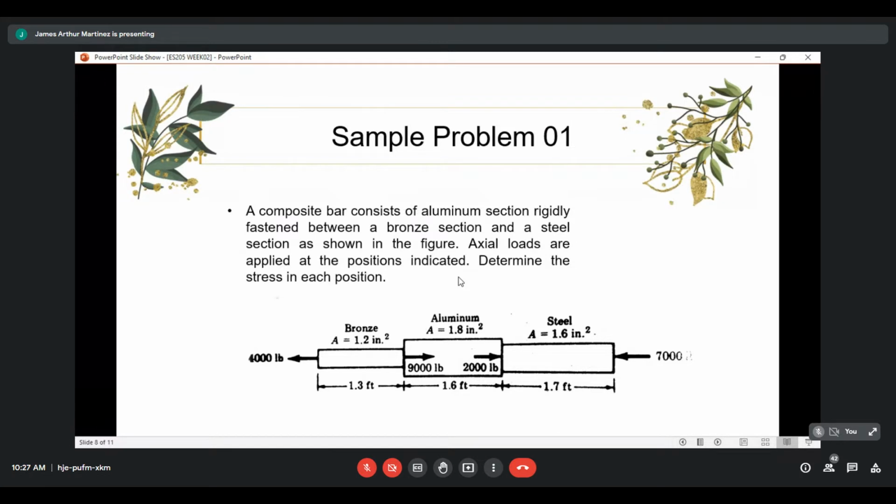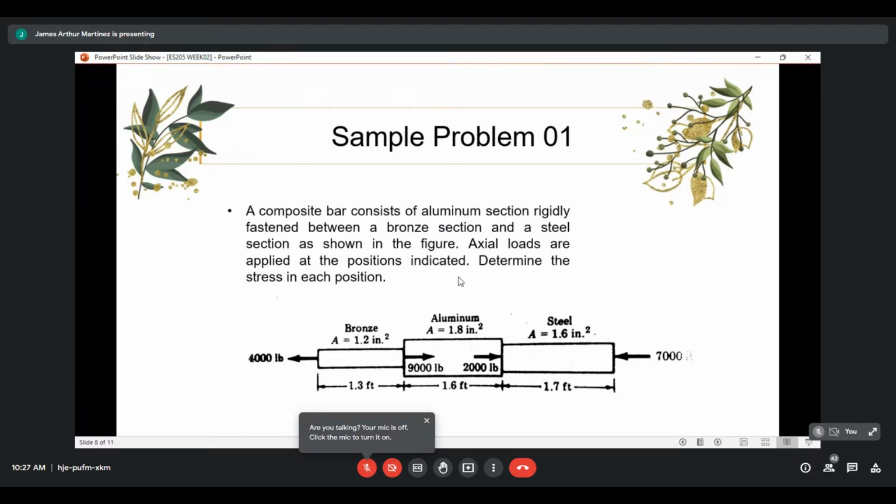Okay, so let's have sample problem number 1 for our discussion today, which is about normal stress. A composite bar consists of an aluminum section rigidly fastened between a bronze section and a steel section as shown in the figure. Axial loads are applied at the positions indicated. Determine the stress in each section.